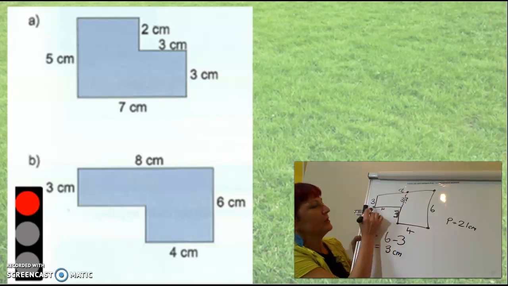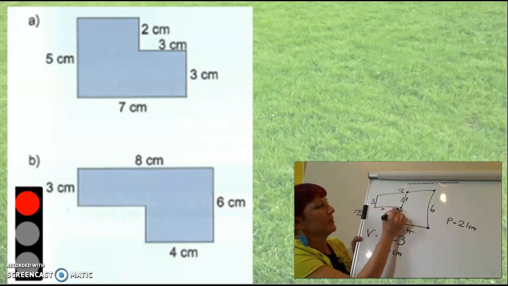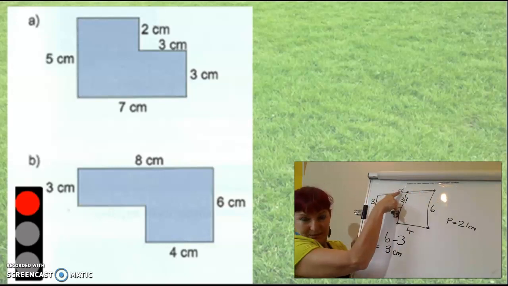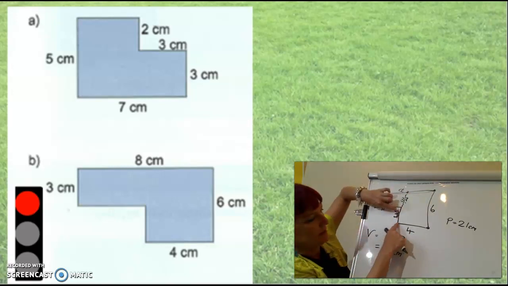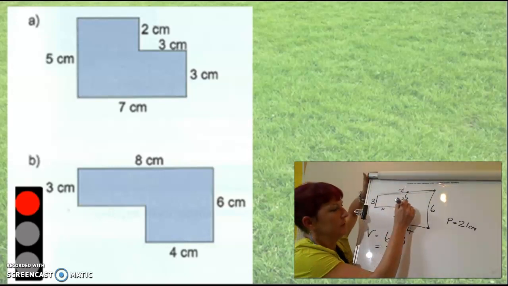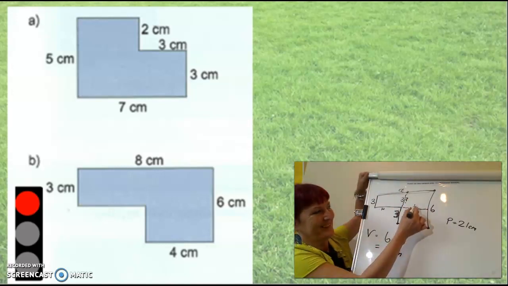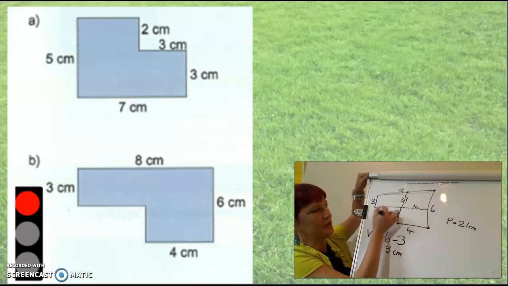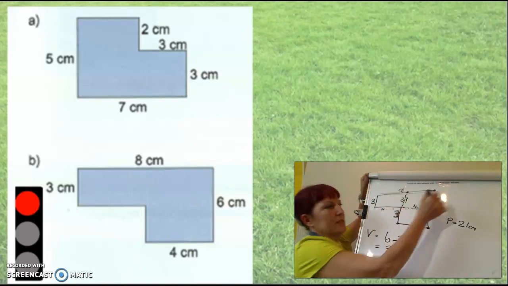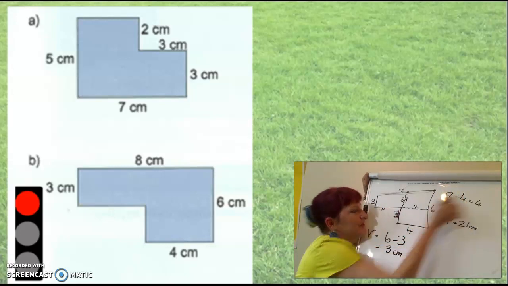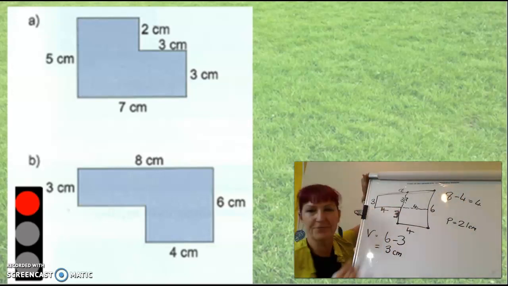Next one I want to work out is this one. So I know the whole way across is 8. I know from here to here is 4, so I'm going to bring that one up to here, 4. So 4 plus what gives me 8. I'm going to get my 8, take out the 4, and that leaves me with 4. So this side would be 4.